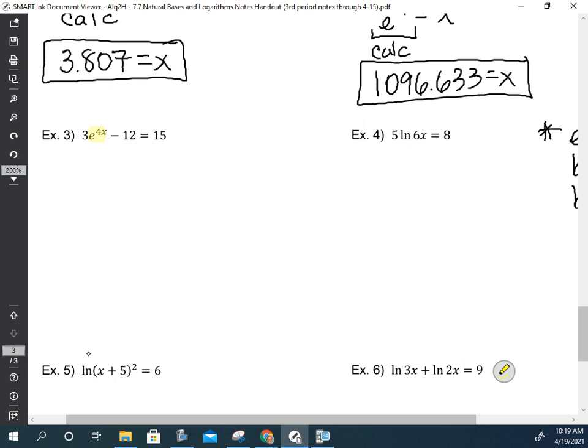That part has to be by itself before we can do a rewrite. That means this 12 and this 3 have to go. 12 is simple enough. I'm going to add it to both sides.